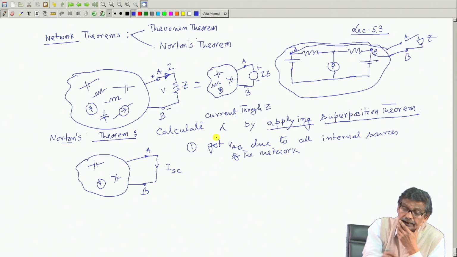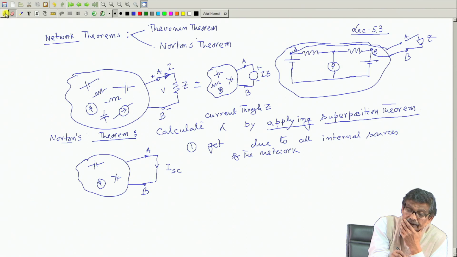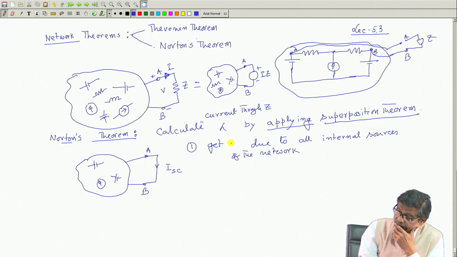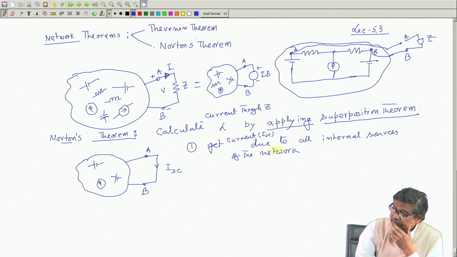So, get I, get current which is ISC due to all internal sources of the network, that I will get. Short circuit it, what is the current?